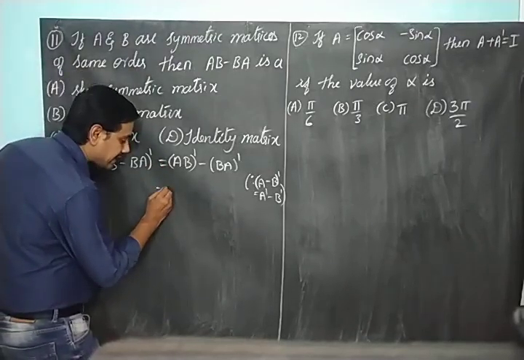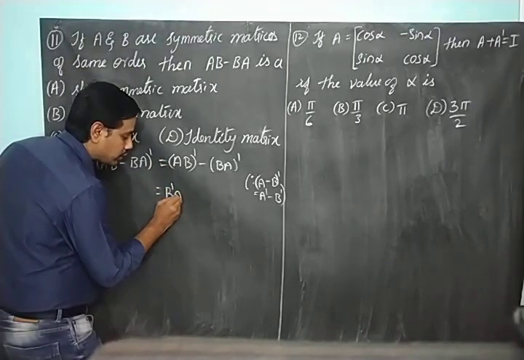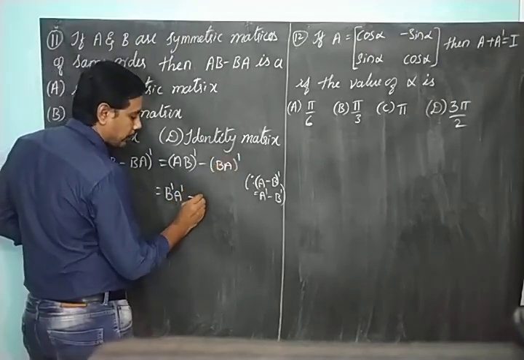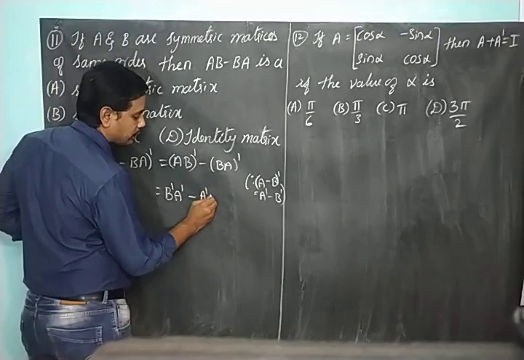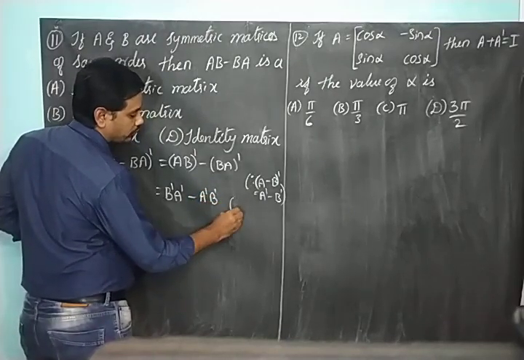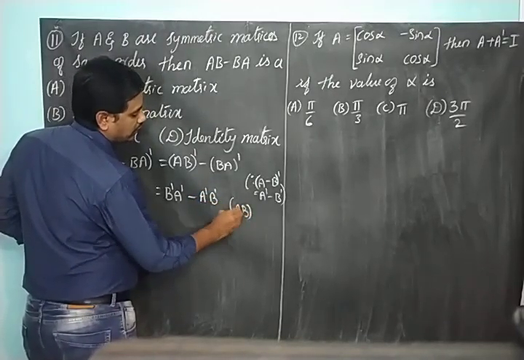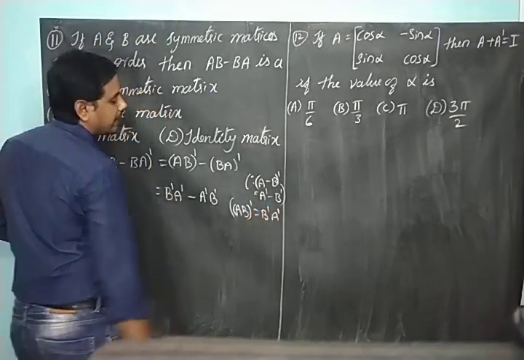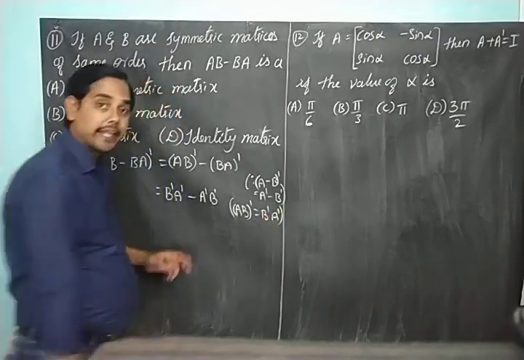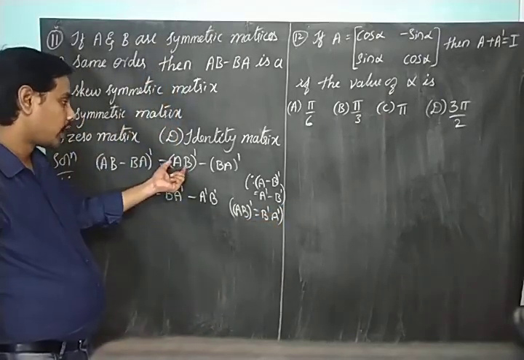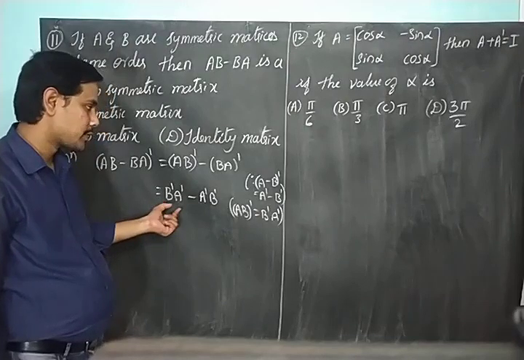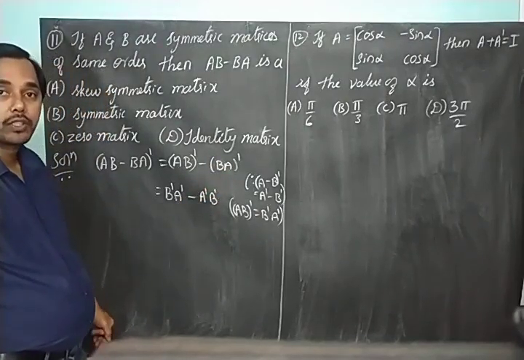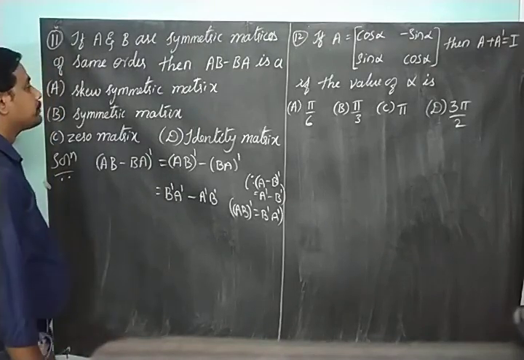I can write this as B transpose into A transpose minus, and (BA) whole transpose I can write as A transpose into B transpose, because this is the identity: (AB) whole transpose is B transpose into A transpose, and (BA) whole transpose is A transpose into B transpose, right?